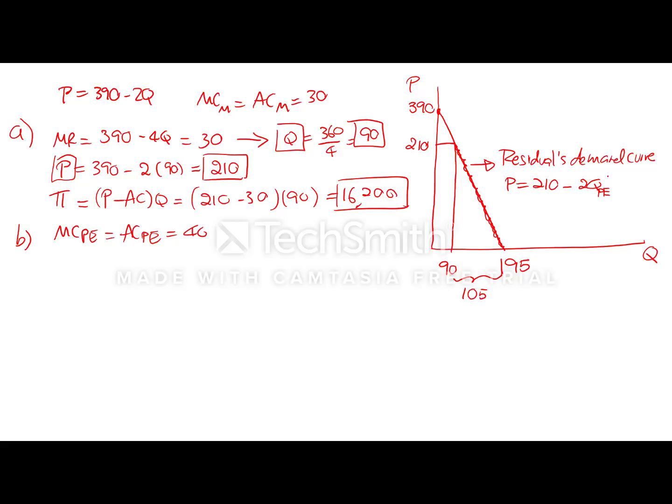Once you have that, find the marginal revenue of the potential entrant. 210 minus 4QPE equal to 40. For that, you should get Q potential entrant equal to 170 over 4, which is 42.5.